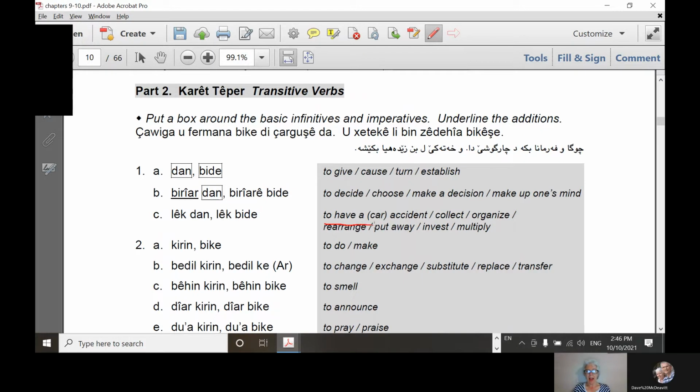And then like to have a car accident, or to collect, or organize, or rearrange, put away, invest, multiply. Okay, so don bida is our basic verb. And then you add lake. And so on and so forth with all of these verbs. This is just to help you get an idea of how Kurdish works and how things are formed.